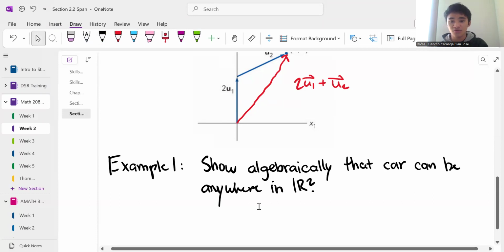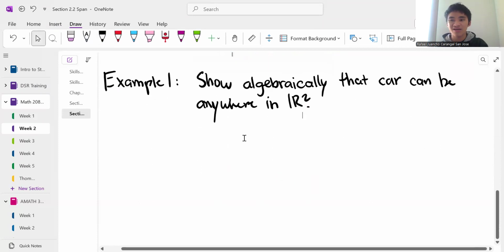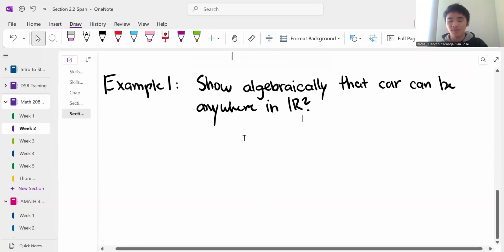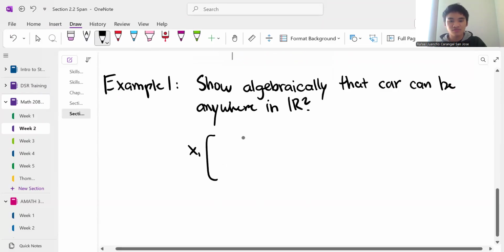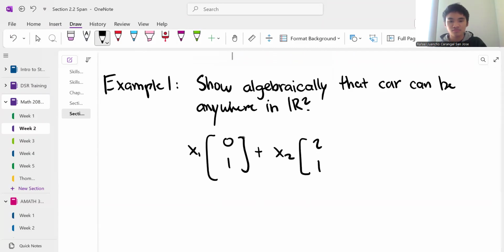How do we know that this car can go anywhere in R2? So let's show it, right? So we can write a linear combination of these vectors. And it's going to give us any point A, B, right?